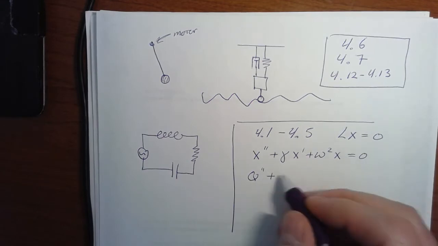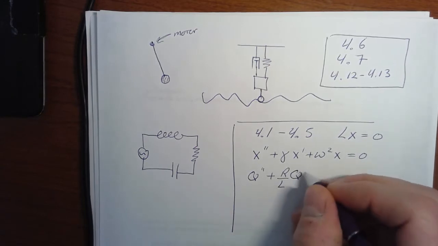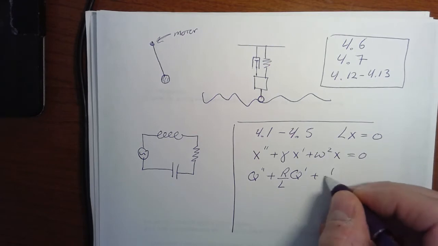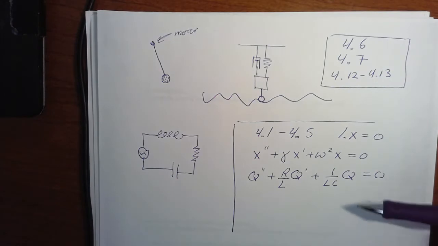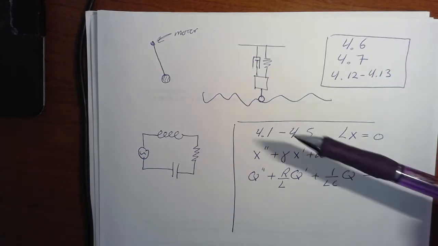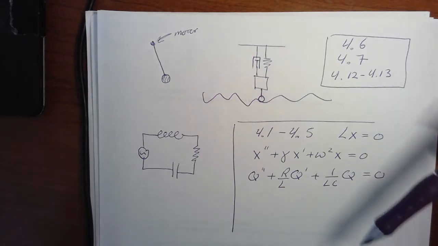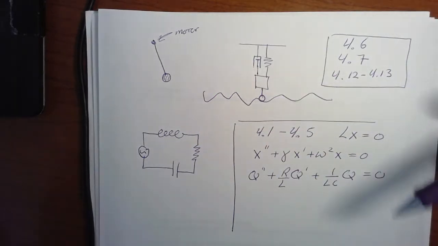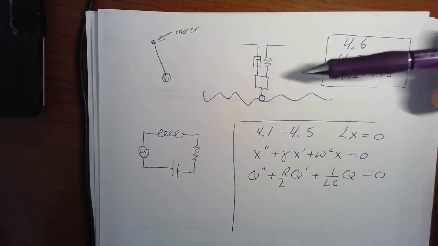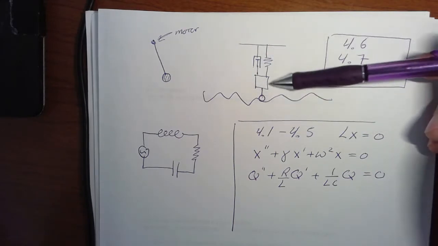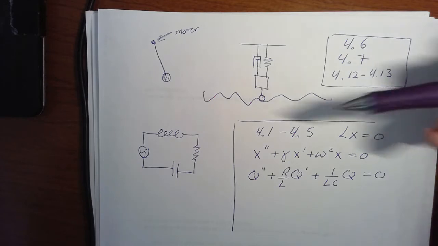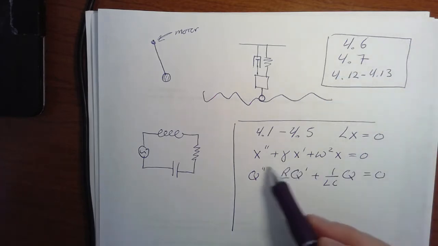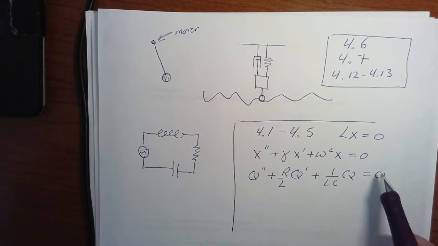Right, so we'd have something like, I don't know, and then this would be 1 over LC times Q. I think it'd be something like this, because the spring is like the capacitor, the damping force comes from the resistor, and then the inertial term is like the inductor. And so whether it's a damped mass and a spring, and there's friction within the spring, or it's inside of a viscous fluid, or whatever, these damped equations are still homogeneous.